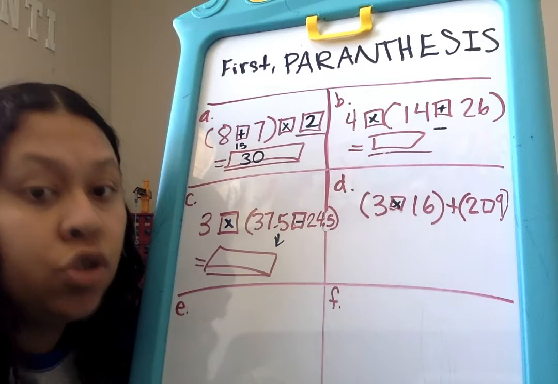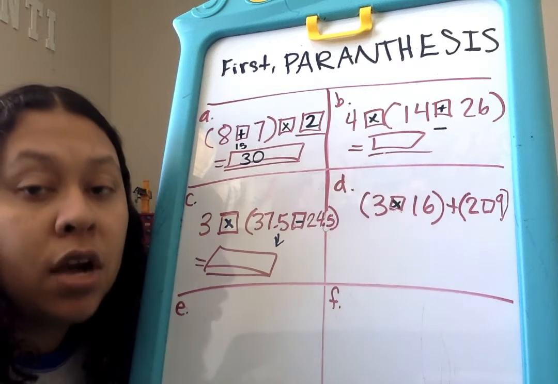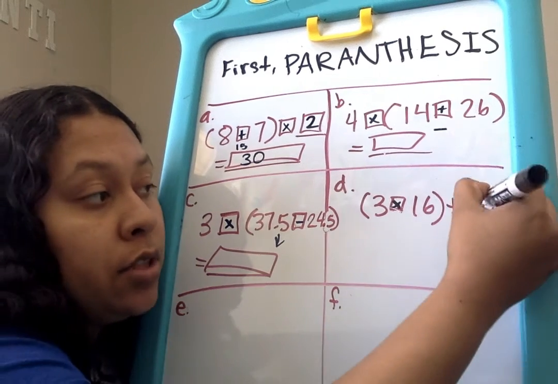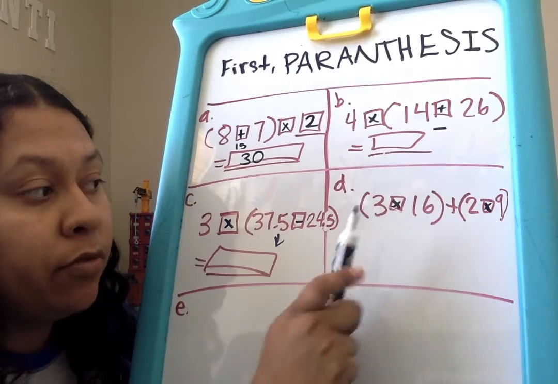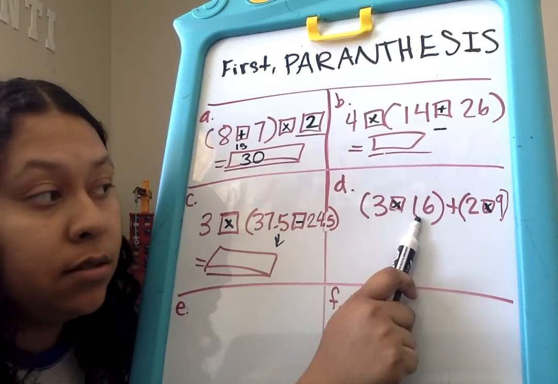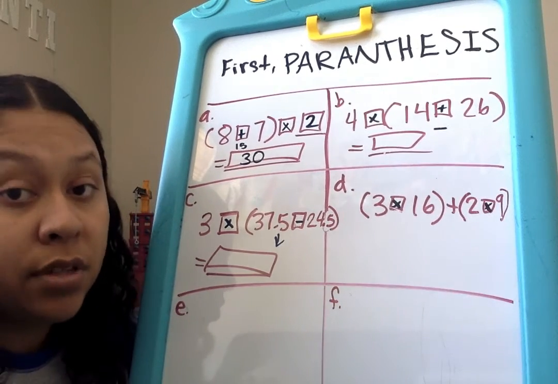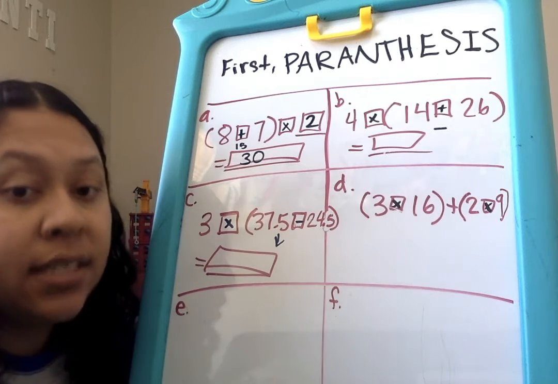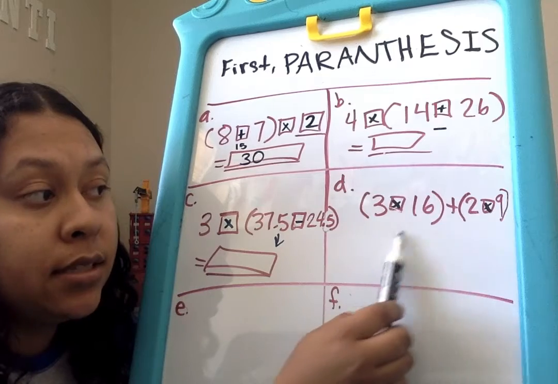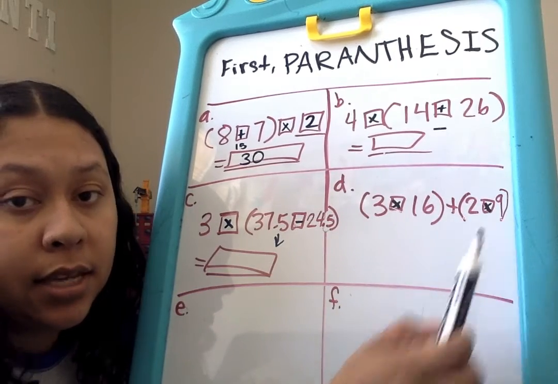And then 2 9s means we have 2 copies of 9. So this would be a multiplication symbol as well. So now we have 3 times 16 and 2 times 9. Both of those are in parentheses. The answer would be to get the sum of this plus this, okay?